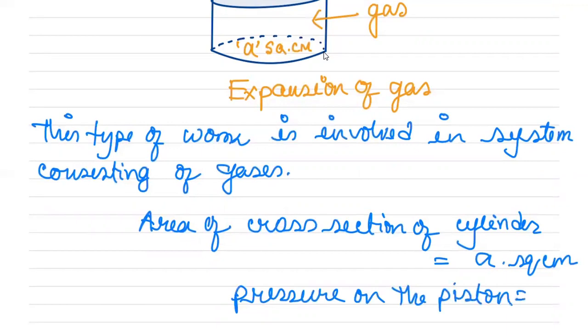Pressure on the piston is P, which is slightly less than the external pressure, the internal pressure being slightly more. Because of that, expansion is taking place. Internal pressure is slightly more than the external pressure, that's why the expansion is taking place.